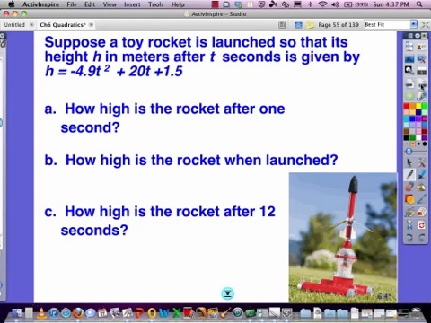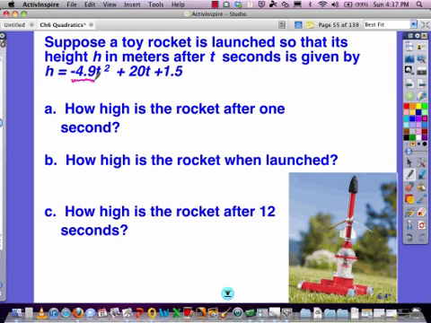Okay, so here's an example. Suppose a toy rocket is launched so that its height h in meters after t seconds is given by this equation. And you can see we've used the equation. Our constant, our g, was used, negative 1/2 times 9.8 gave us a negative 4.9.